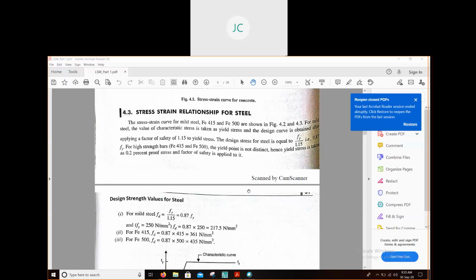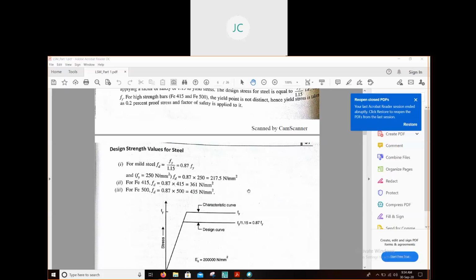If you divide 1 by 1.15, you will get 0.87 Fy. Similarly for high strength bars, that means Fe 415 or 500, the yield stress is taken as 0.2% of the proof stress and a factor of safety is applied to it.